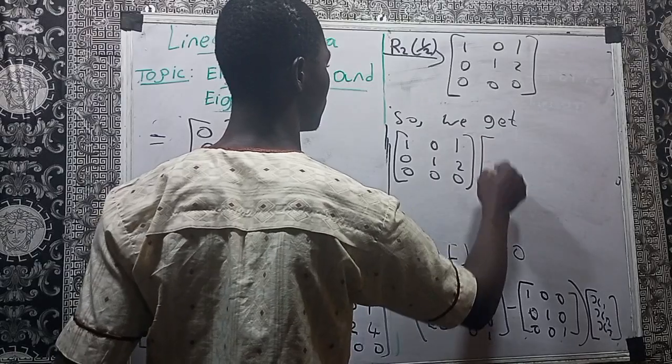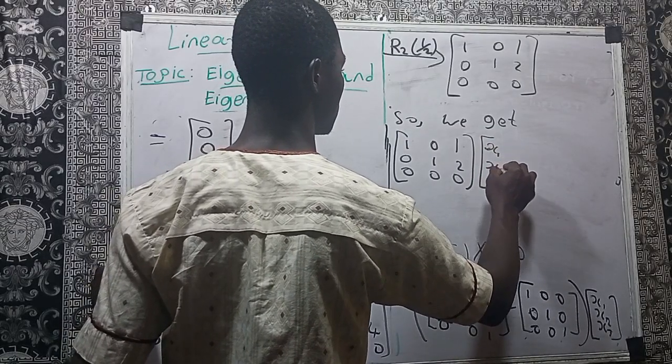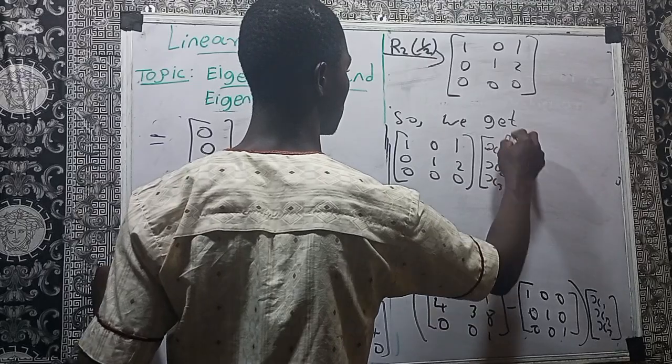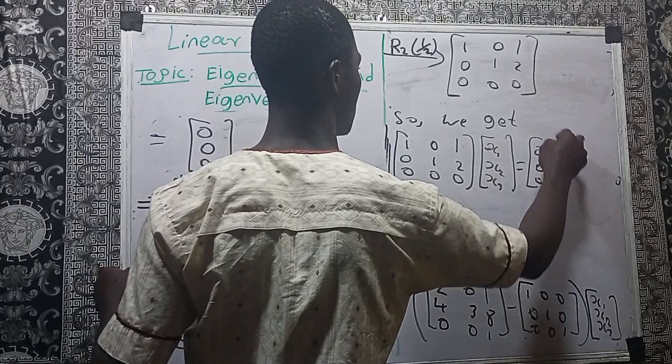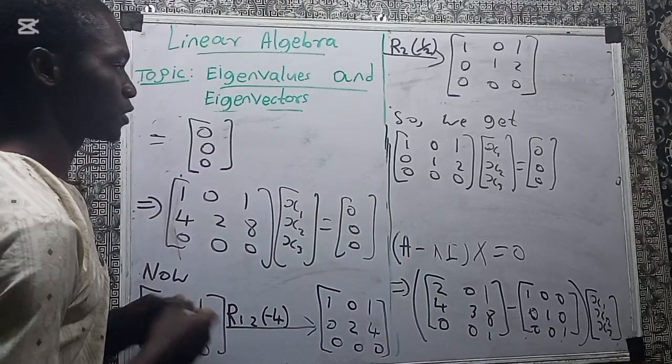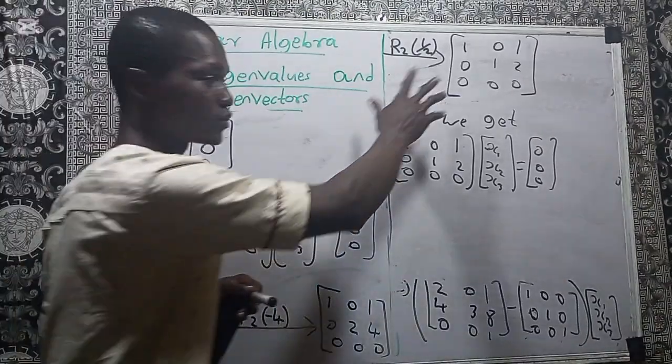So this is what we've now got, equated to the 0 matrix. Yeah, so this is what we now have, right? So I've replaced this former matrix with the reduced form.